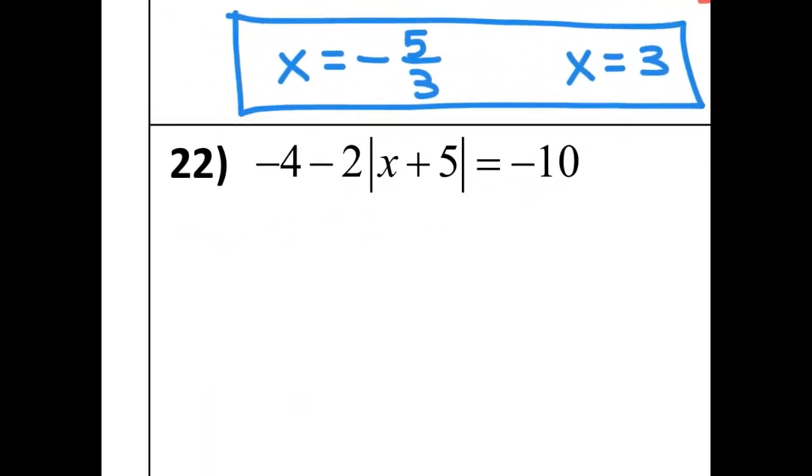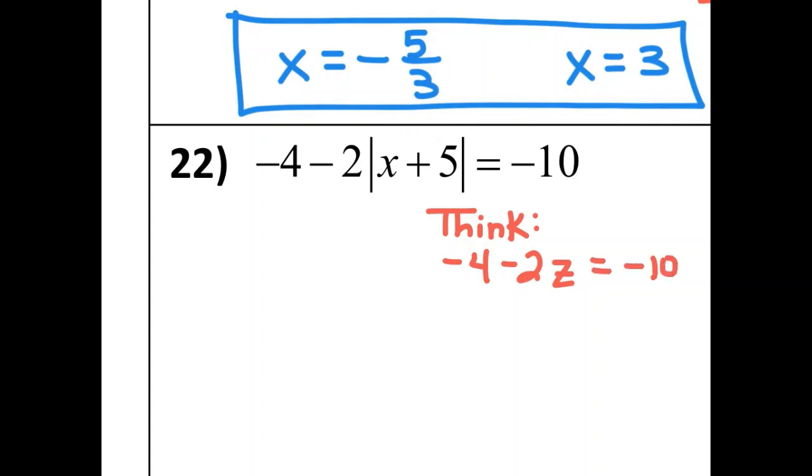Now, in this problem, remember that you want to kind of think about this as negative 4 minus 2, let's say z equals negative 10.